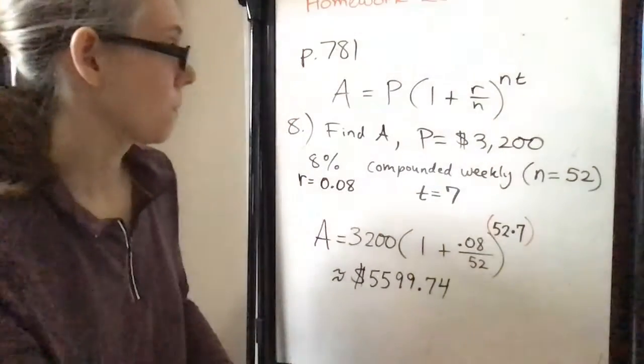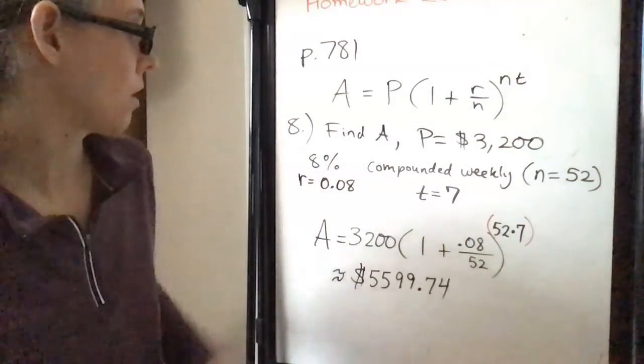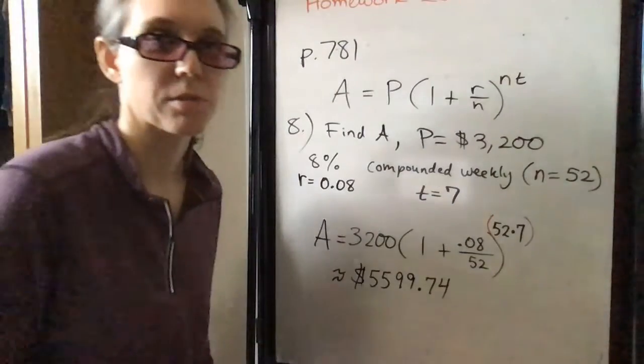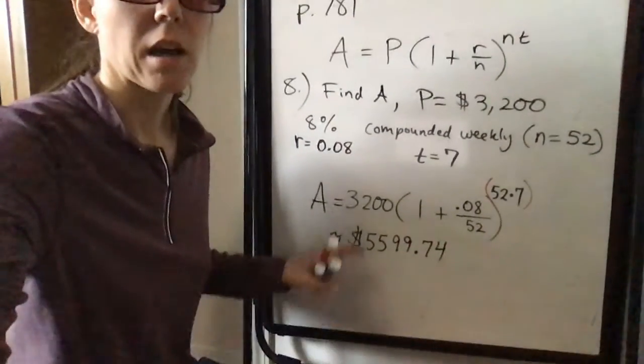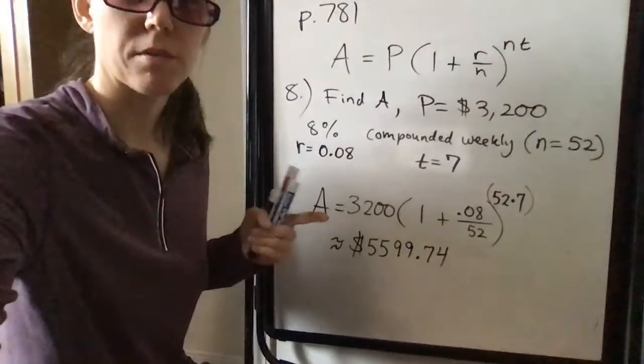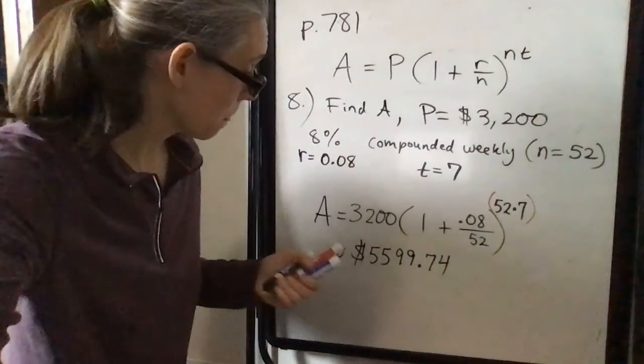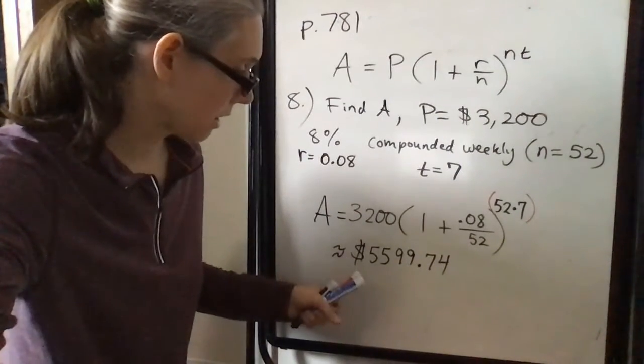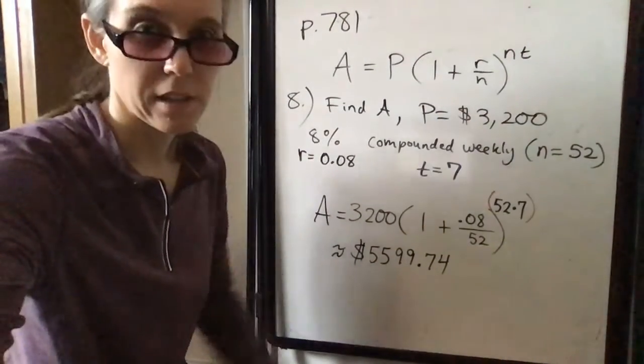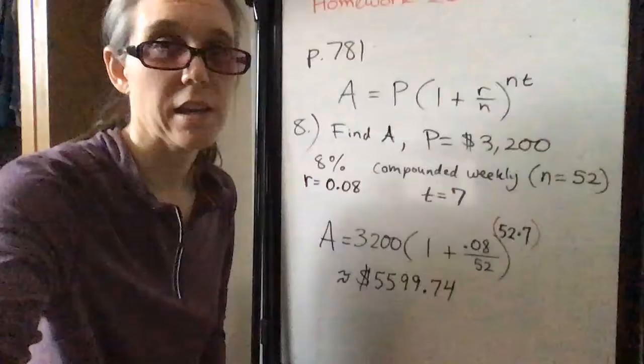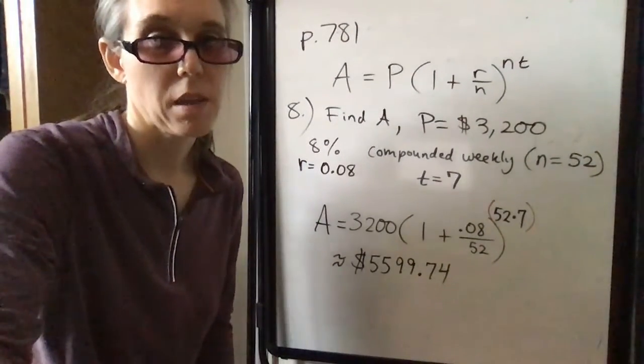So after 7 years, if you have an 8% interest rate, which of course right now we have near 0, at 8%, actually we do, right? The feds have lowered it to 0%. Here, the amount in the account is 5599.74. So that is a compound interest problem.